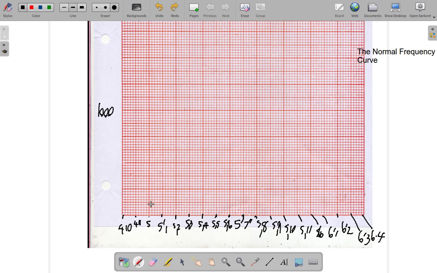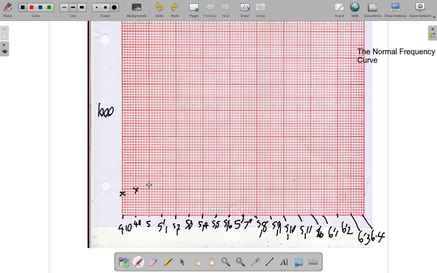Go up to 1,000. You don't really have a lot of persons who are as short as 4 feet 10. So let's say you start here. 4 feet 11, you have a few more. 5 feet goes up. 5 foot 1, 5, 2. It probably wouldn't rise that fast.